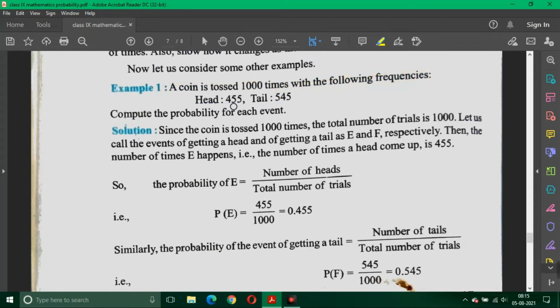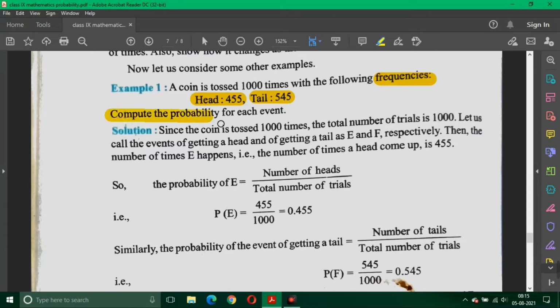Frequencies means the number of times head has turned up, and the number of times tail has turned up as the result of the toss. These are known as the frequencies of head and tail respectively. For head the frequency is 455, for tail it is 545. Okay.